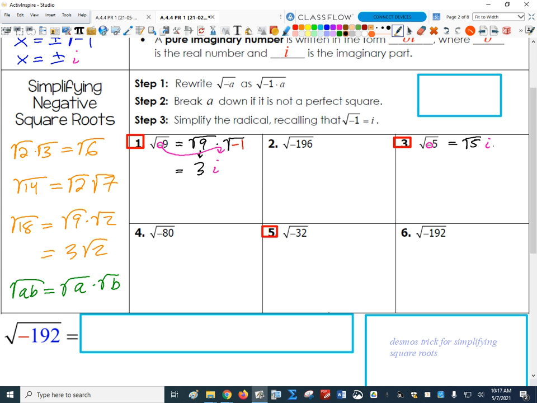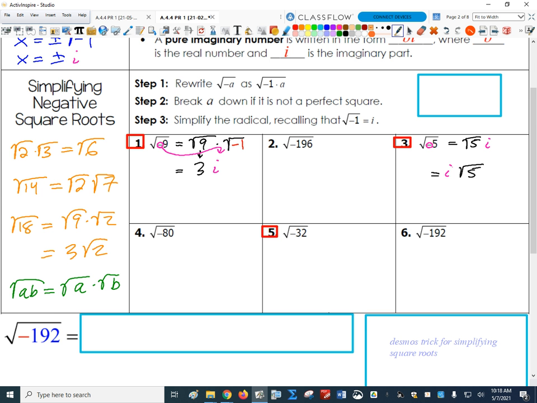That's it. Now, a lot of times mathematicians will write this seemingly backwards. They'll put the i in front of the radical. You don't have to do this, but why might that be a good thing to do? Say that one more time. Okay, the number in front of the radical is the couple part.